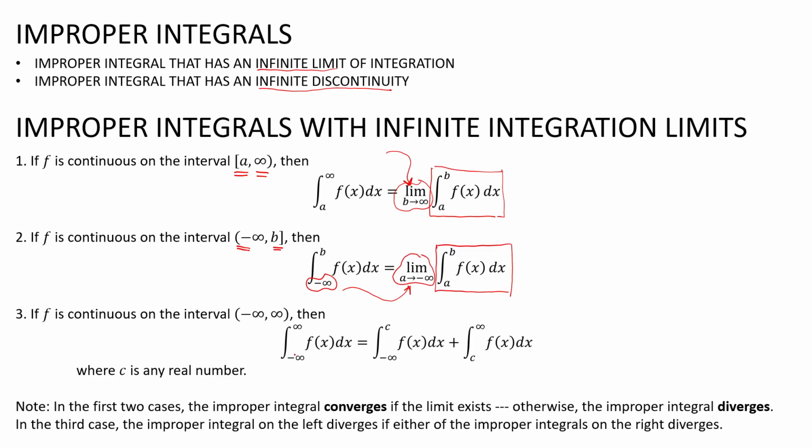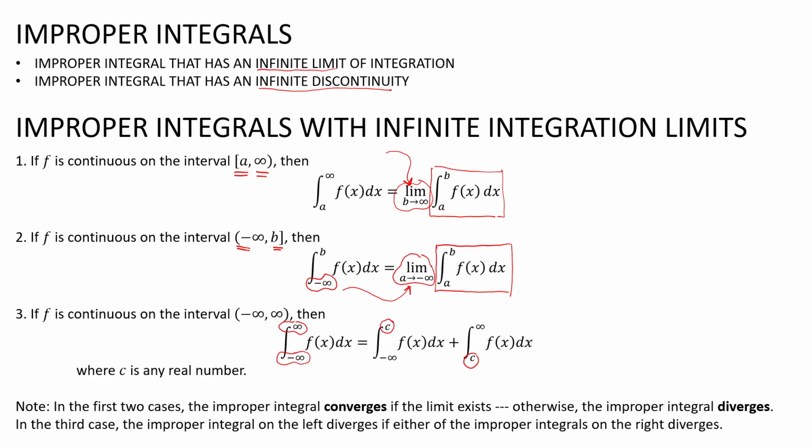We also have negative infinity going to infinity. We can split this one into two parts. Let's say your c is the middle portion. It could be 0, because from negative infinity going to infinity, the middle portion is 0.